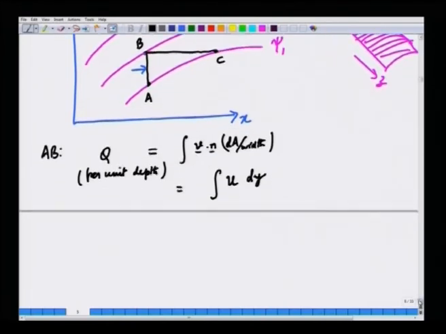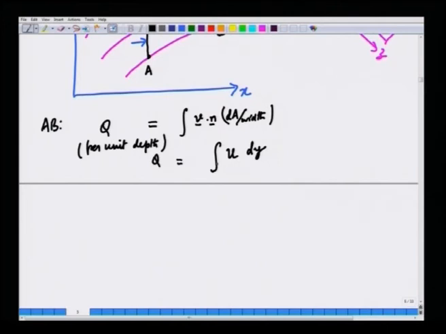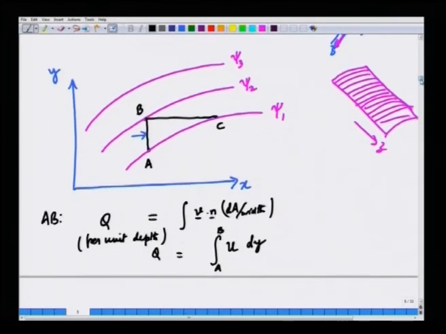So, you do not have to worry about the third direction. So, q is simply the integral from A to B of u dy, and what differentiates points A and B? It is the y coordinates. This is y 1, this is y 2.